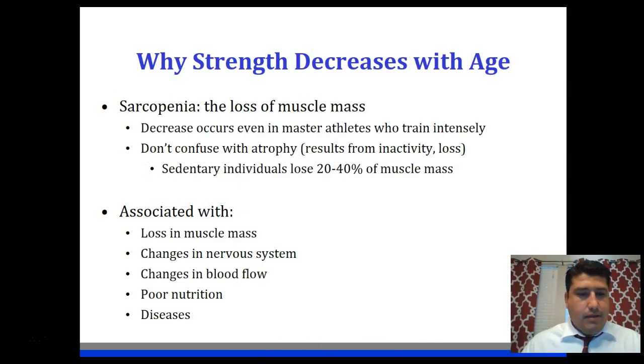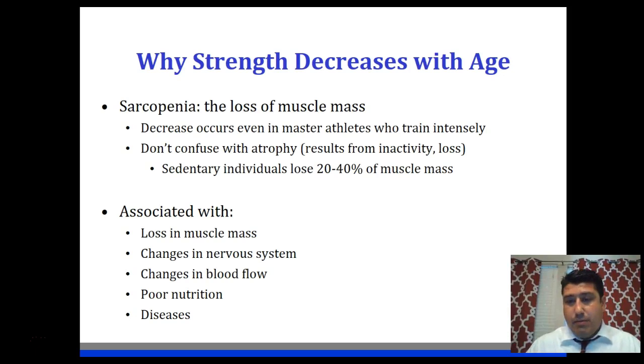Okay, some other reasons why we lose strength with age. We obviously lose muscle mass. We do suffer through changes in the nervous system, so the nervous system doesn't work as efficiently or as effectively as it once did.